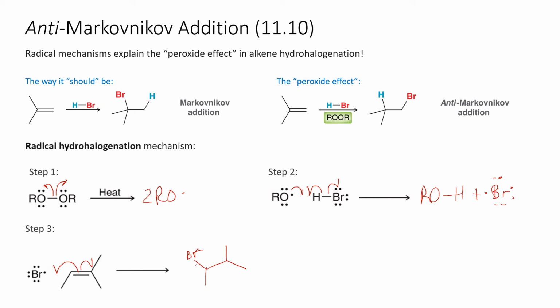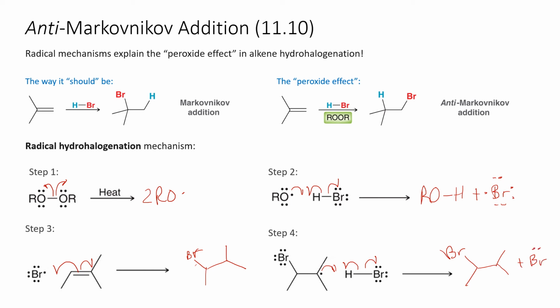And so we can then now have the stable radical, which can do another hydrogen abstraction to give us the anti-Markovnikov addition plus that bromine radical.